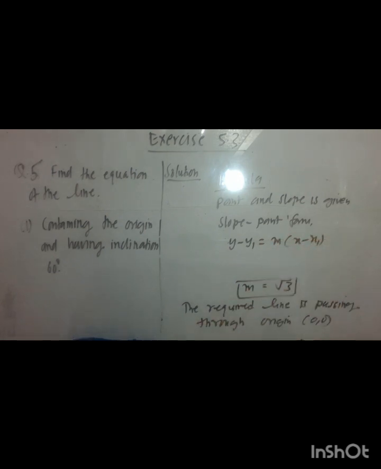Now since it is passing through origin, here x1 is equal to 0 and y1 is equal to 0, and the slope is m. Okay, so let us substitute these values in the equation to find out the equation of the line. So y minus y1 is how much? 0. Slope is root 3 and x minus x1 is also 0.